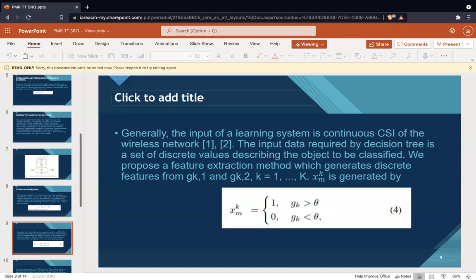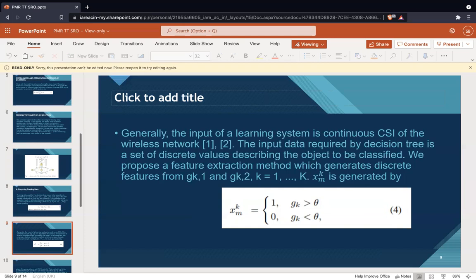Generally, the input of a learning system is continuous CSI of the wireless network. The input data required by the decision tree is a set of discrete values describing the object to be classified.